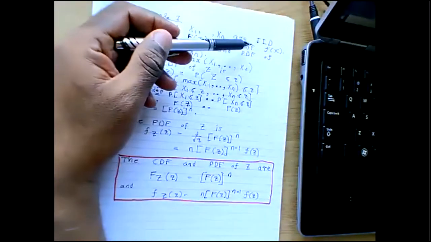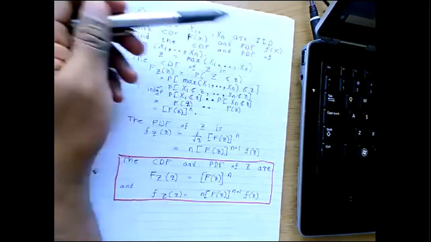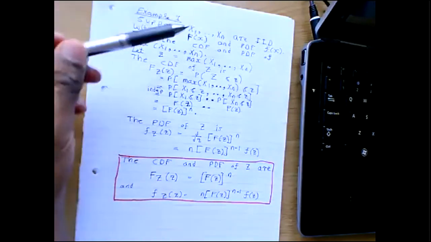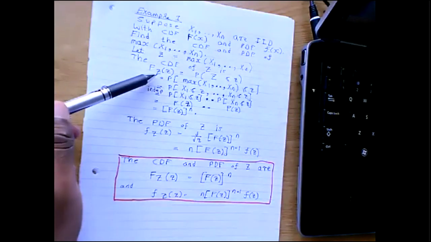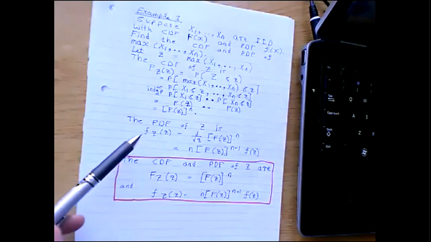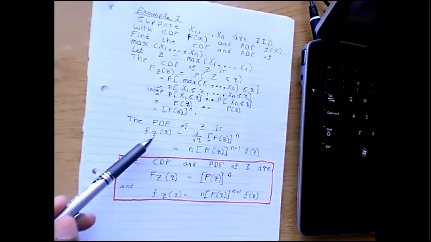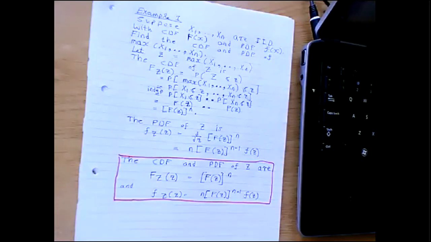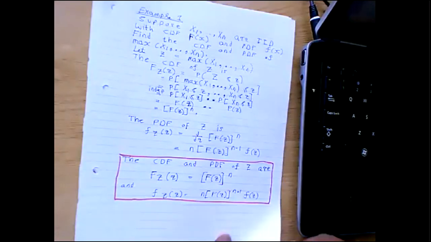And similarly, a little f without the subscript denotes the PDF of x1 to xn, whereas capital F with the subscript Z denotes the CDF of Z. And similarly, little f with the subscript denotes the PDF of Z. I hope that makes sense.